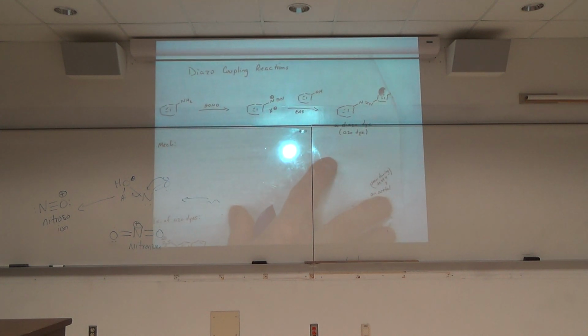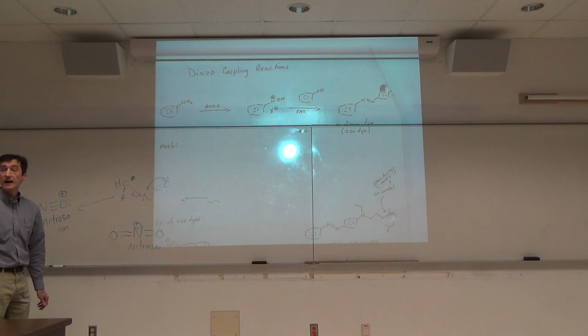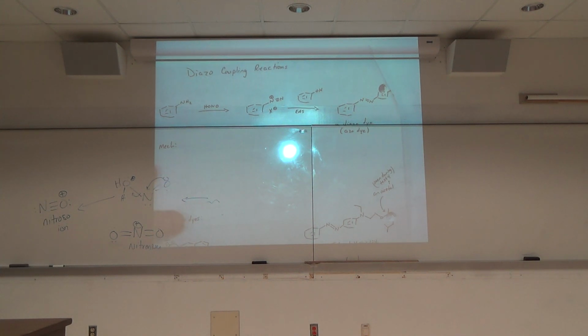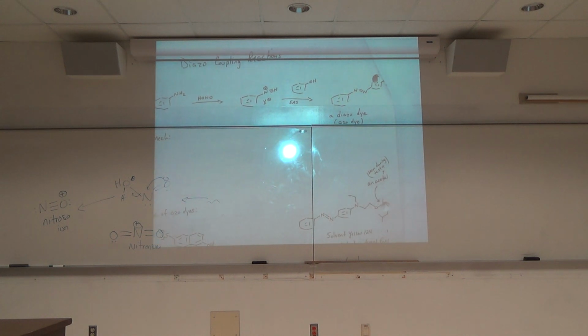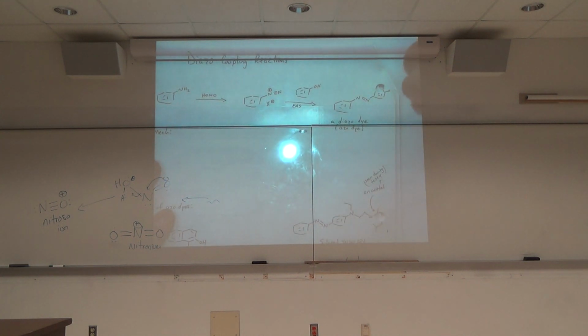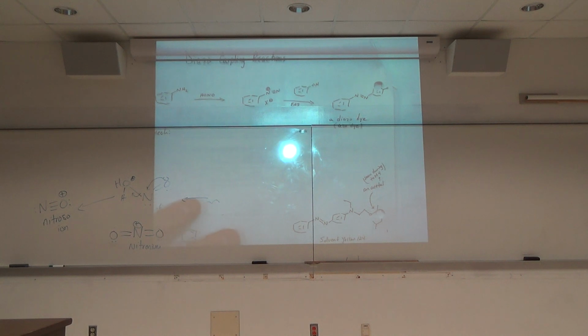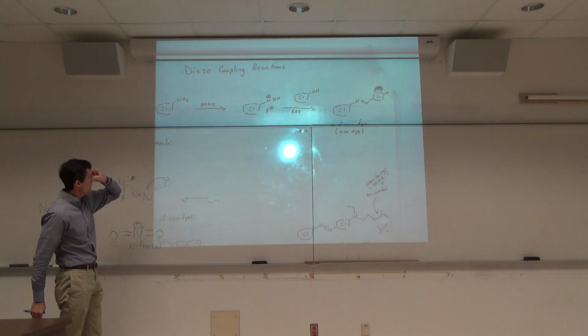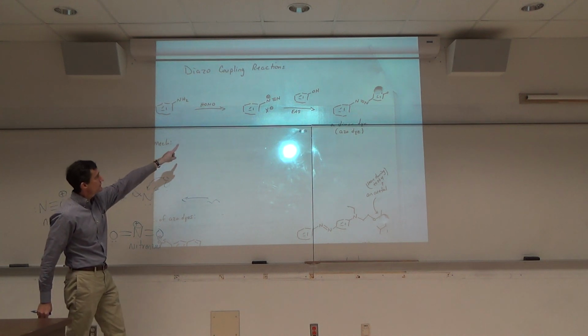Instead of replacing the nitrogen with something by substitution reaction, we can also do what's known as a coupling reaction. Take an aniline reacting with HONO, make the diazonium.